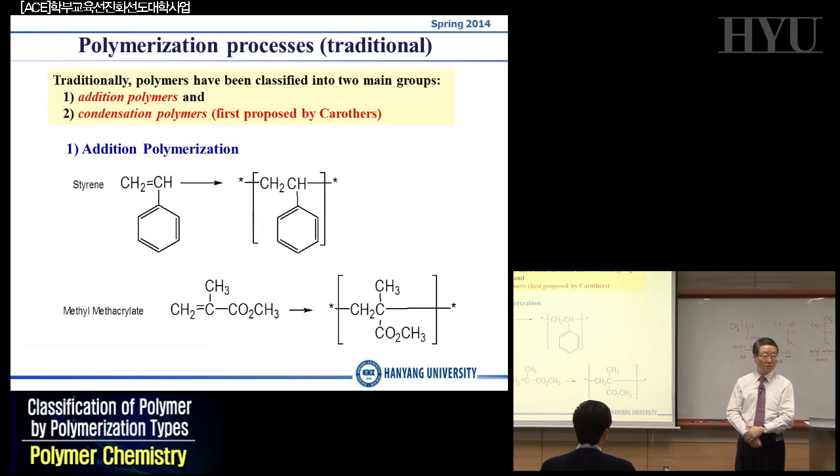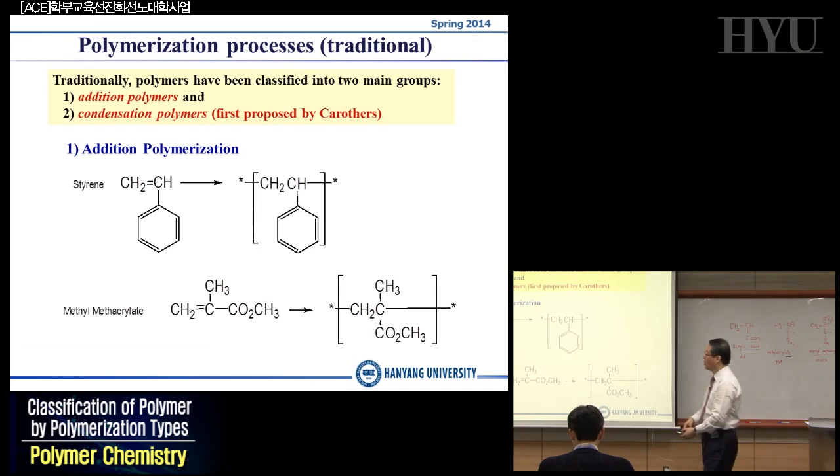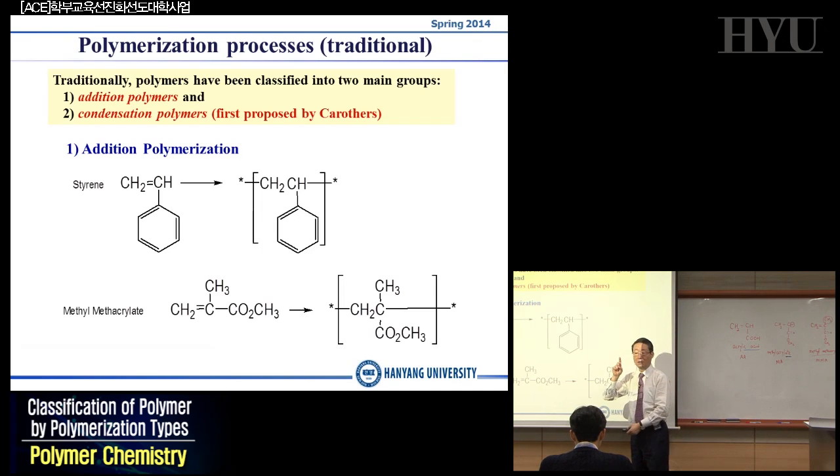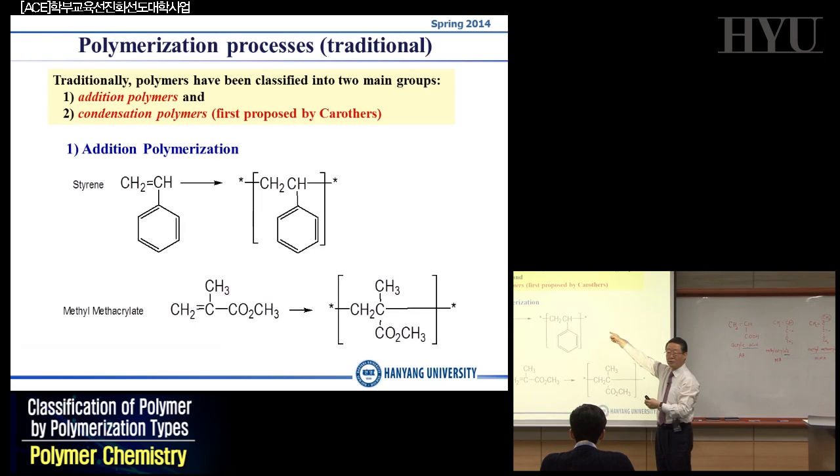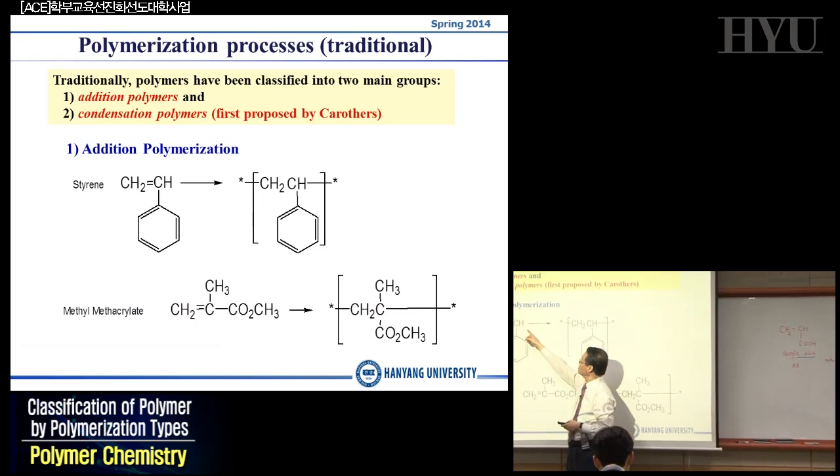No, it's bifunctional. Because although we have one double bond, it will be cleaved, broken into two active species. Two active species. You see the two stars on both carbons.